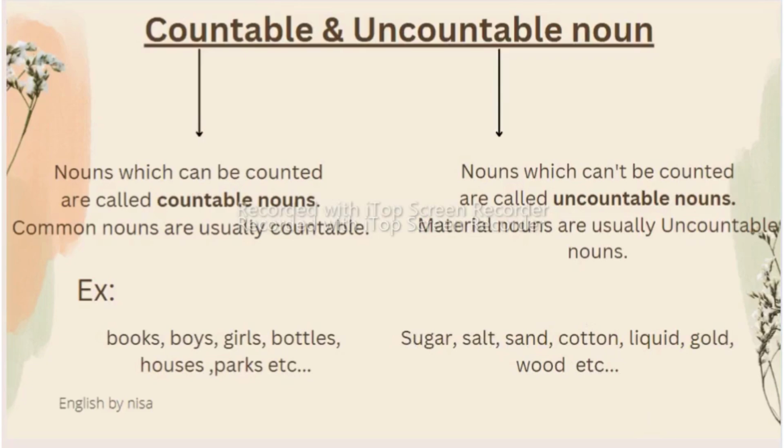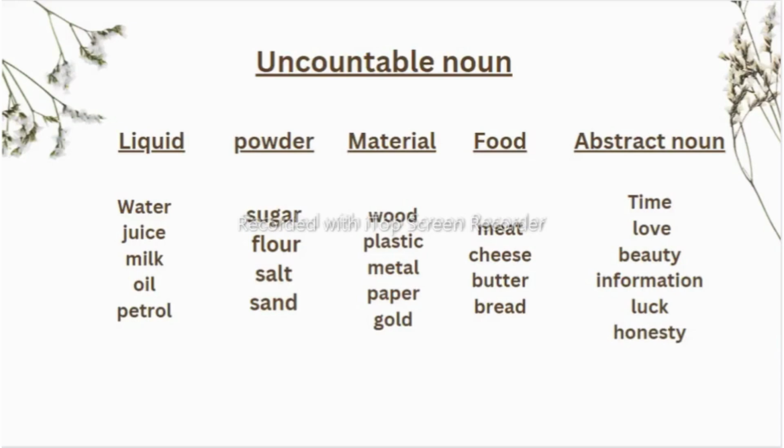So how do we know if a word is a countable noun or an uncountable noun? Well, there are some tricks that can help. Let's look at these words. Some groups of words are very often uncountable and that can help you to find out. For example, liquids like water, juice, milk, oil or petrol. These all are uncountable nouns. The second group is powders: sugar, flour, salt, sand.